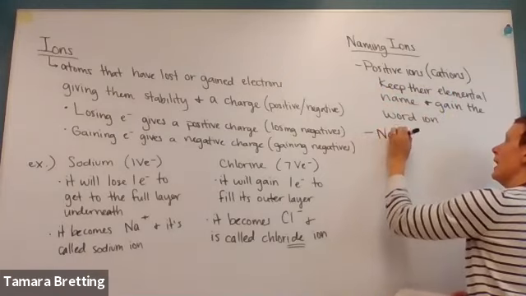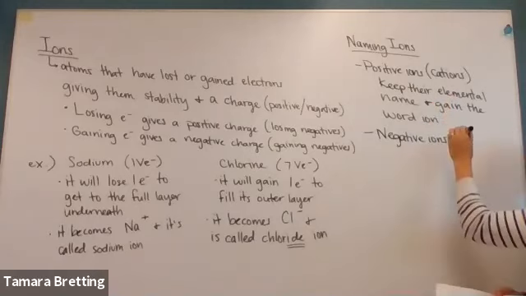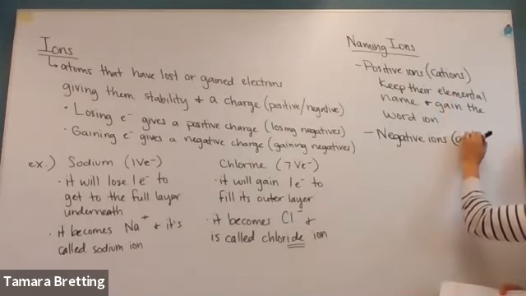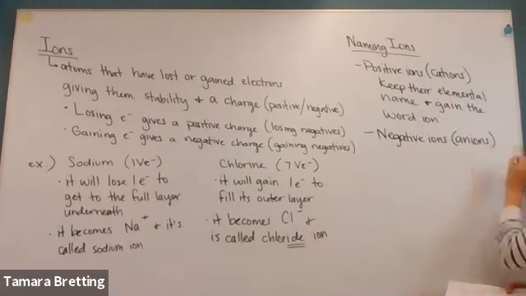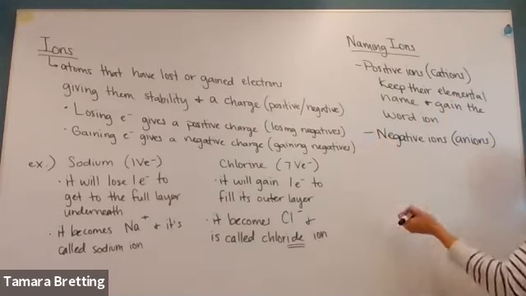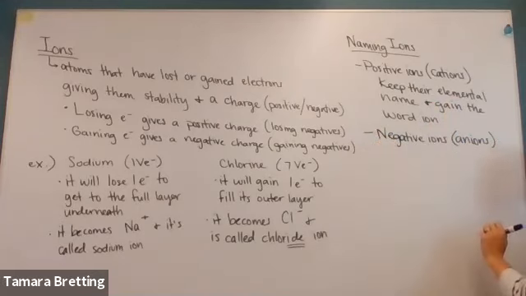Negative ions, as a group, have a name as well. Positive ions are cations. Negative ions are called anions. Okay? And they have a name change. They don't keep their elemental name. We change the ending.